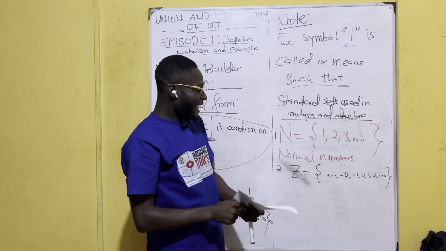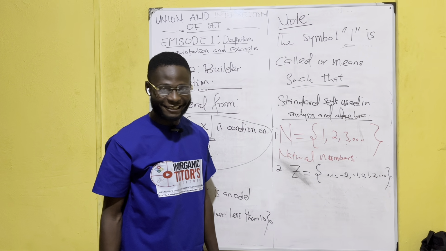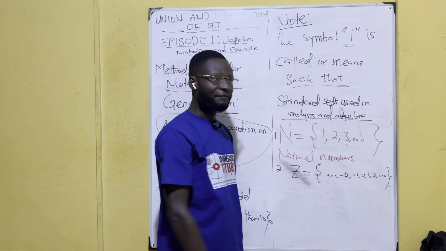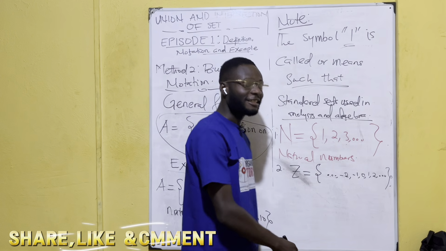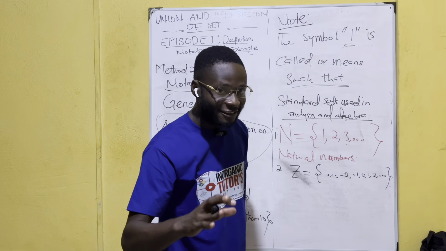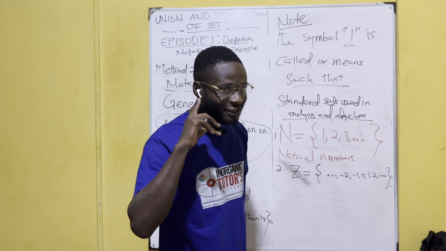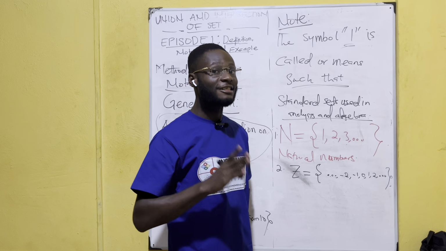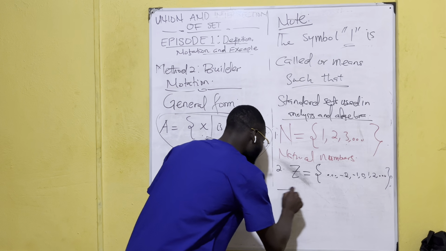This is also called integers. From your basic school, you know that if you see a big Z, it is integers. Put it in your mind. Whenever you are dealing with sets and you see Z, it is integers.